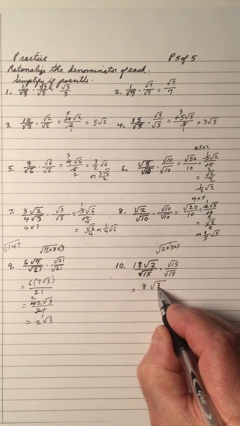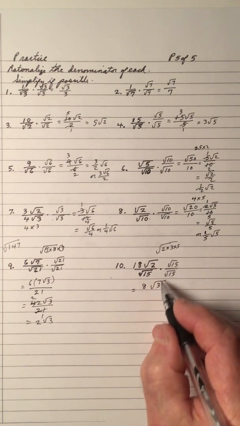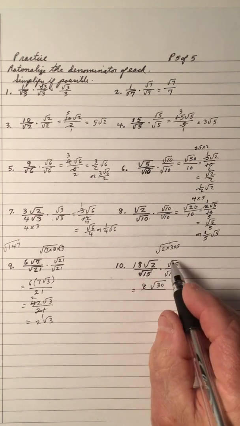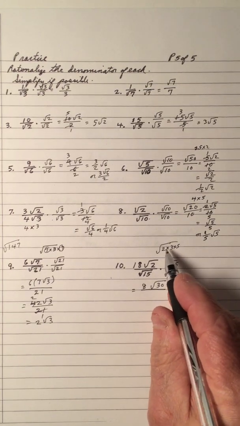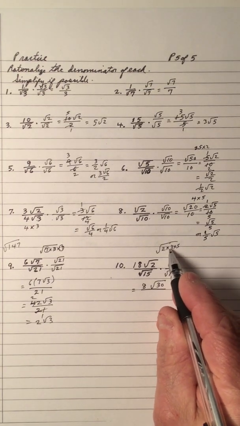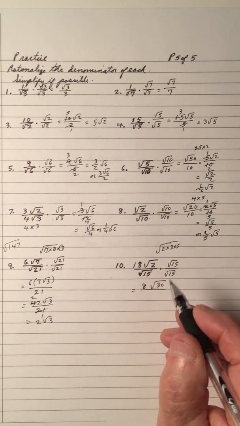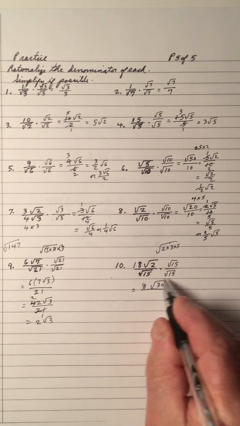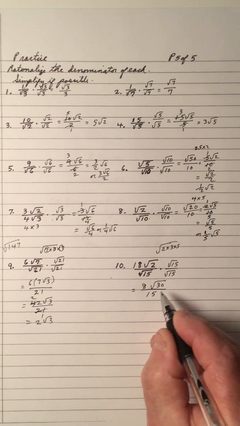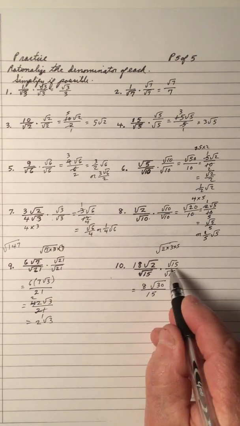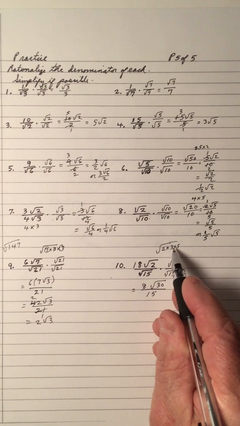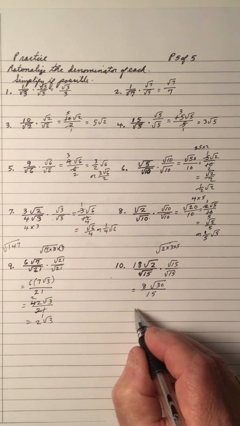So that has to stay as a root 30. Root 15 times root 15 is 15. So again, 2, 3, and 5. You can't simplify the root of 30.